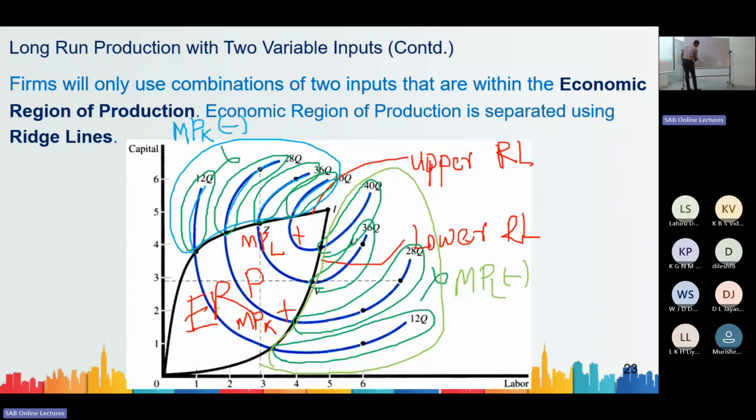We can start from the origin and combine this point, this point, and this point. So this is our upper ridge line. To draw the upper ridge line, we combine the points where marginal product of capital is 0.